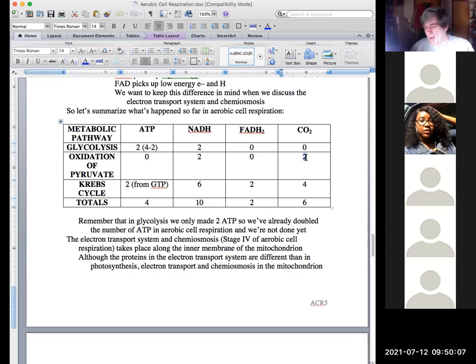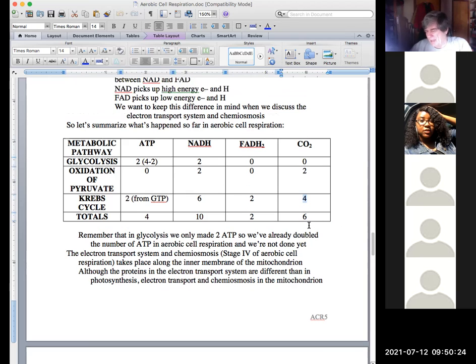And if we remember, our glucose started out with 6 carbons. 2 of those carbons got released as carbon dioxide in the oxidation of pyruvate. 4 of them got released as carbon dioxide in the Krebs cycle.